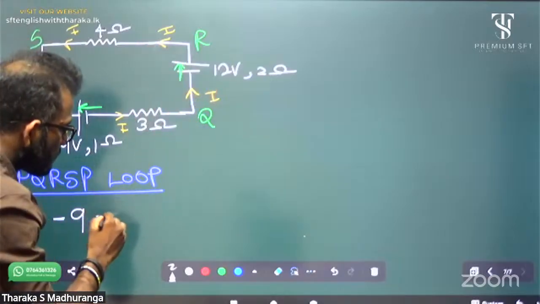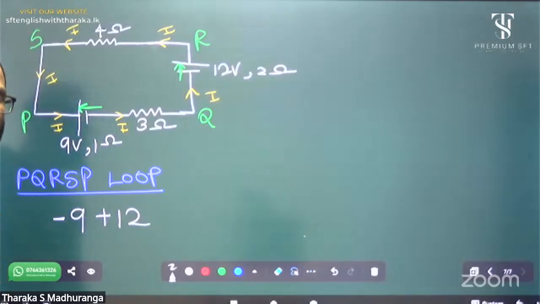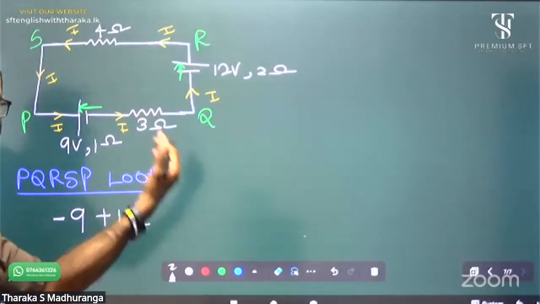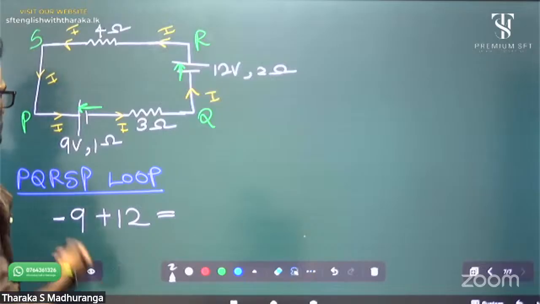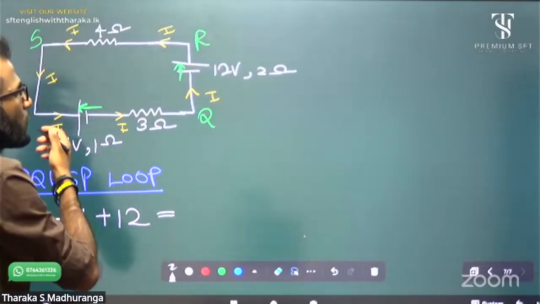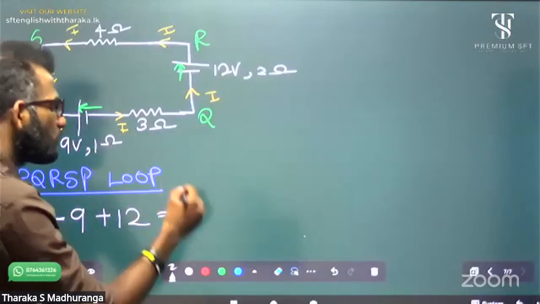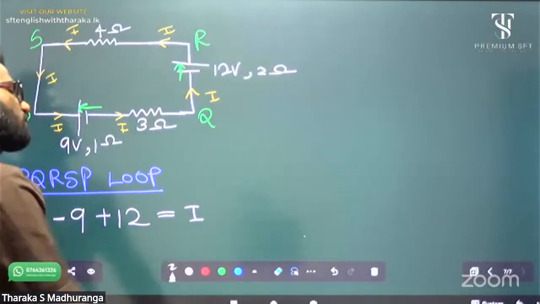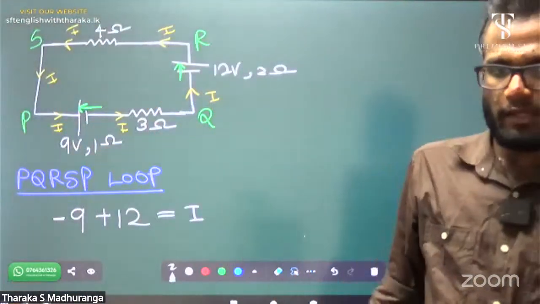Then it is plus 12. Now no need symbols, just values. Equal, no any battery again. I'm going to start again from P. Now my direction and current direction are same. Therefore, I into 1, it is I.